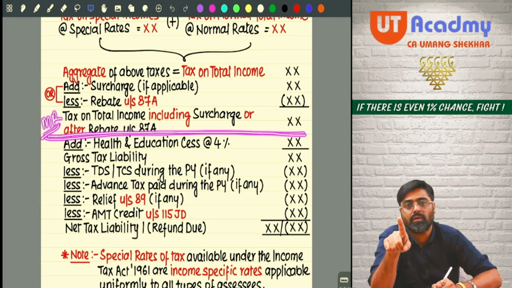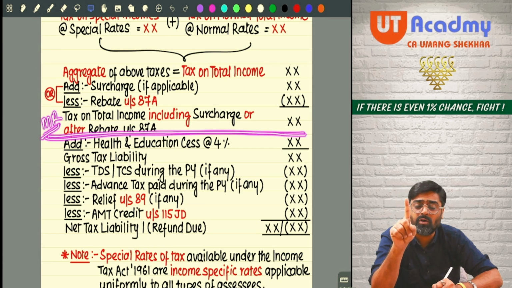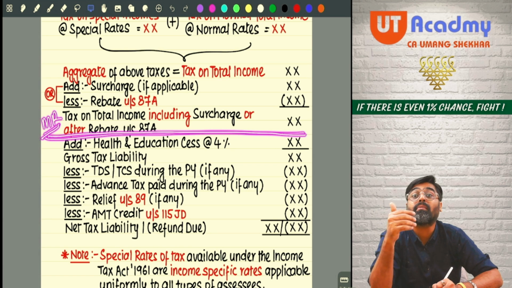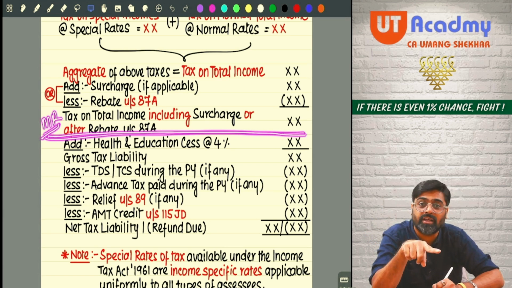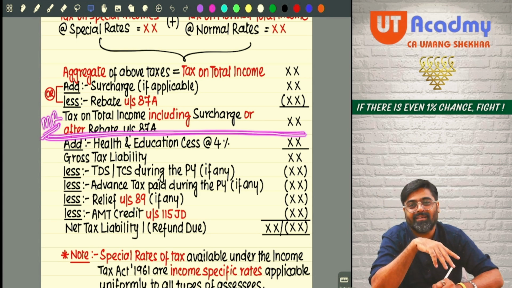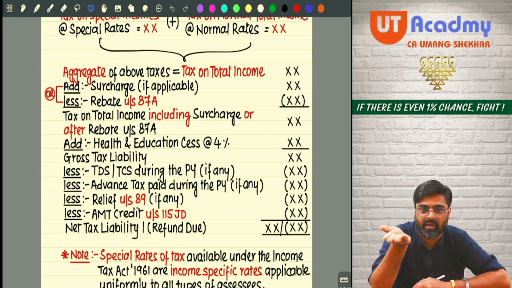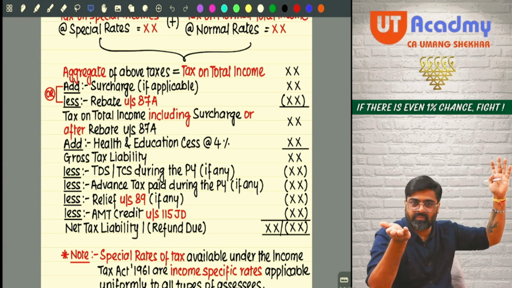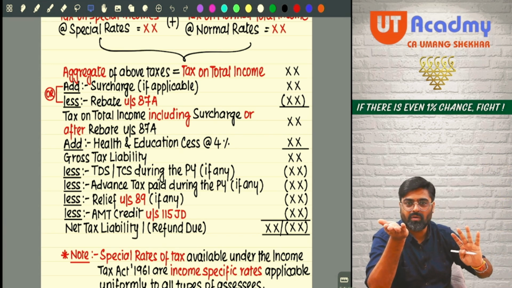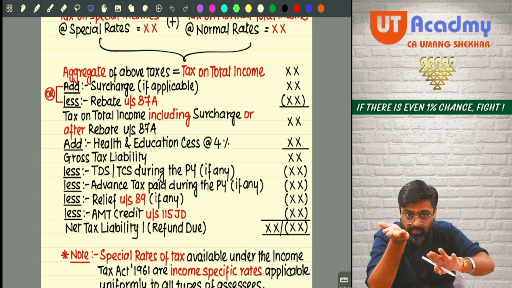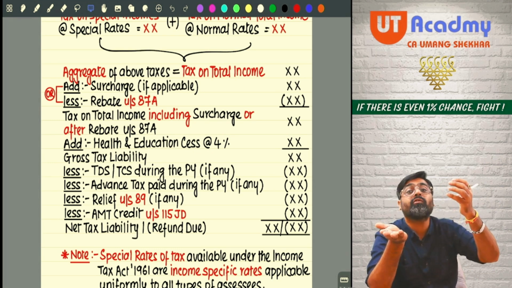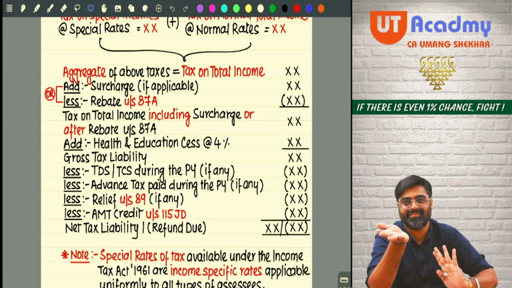Got it? But wait, marginal relief might come. It will come only in those cases where surcharge is applicable. So if the surcharge is applicable, in all such cases will marginal relief come? No. If surcharge is applicable, then marginal relief can come.